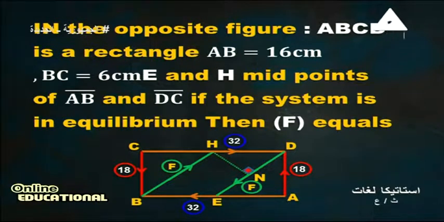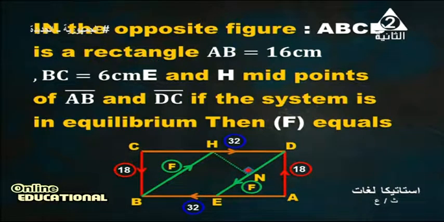Remember, we have in the opposite figure three couples. The first couple, 32 and 32, two forces, the distance between them AD is 6 centimeters. Also, we have two forces, 18 and 18, which act at CB and AD. The distance between them equals 16 centimeters.